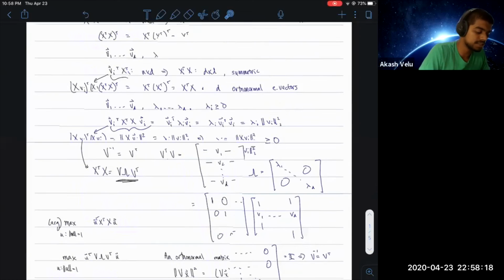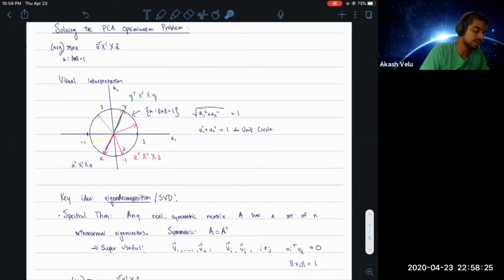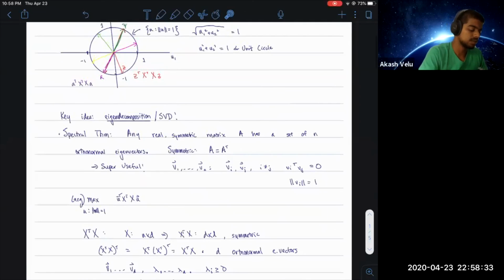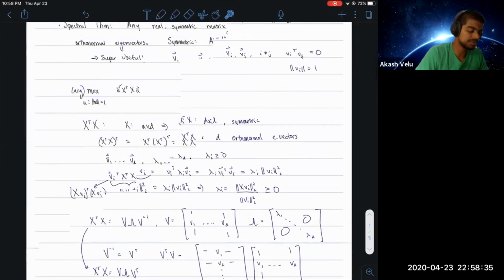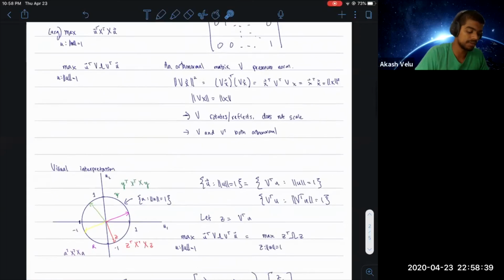Let's quickly summarize. Remember that the PCA objective is this optimization problem. And our set of choices in this kind of test is all the vectors along the unit circle. Remember, then we just looked at the spectral theorem and derived some useful properties that allowed us to basically do this change of variables.